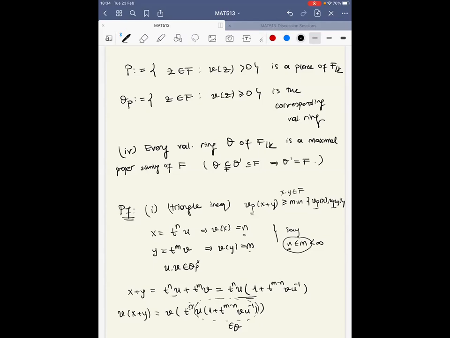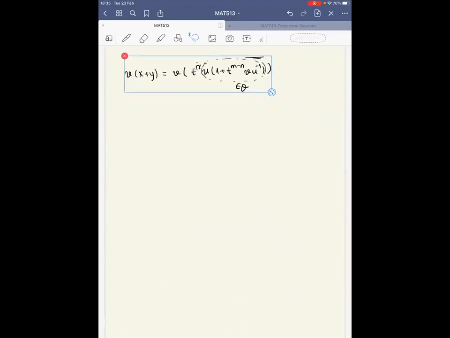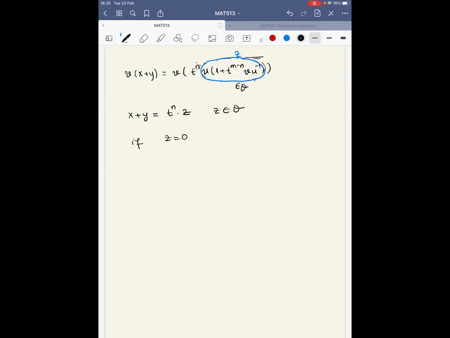In other words, if we write X plus Y as T to the N times Z, here Z denotes this term in O. And if Z is 0, then by convention the valuation of 0 is infinity.